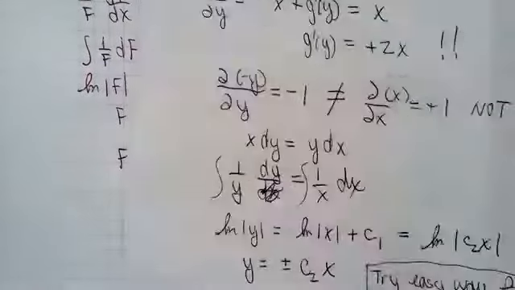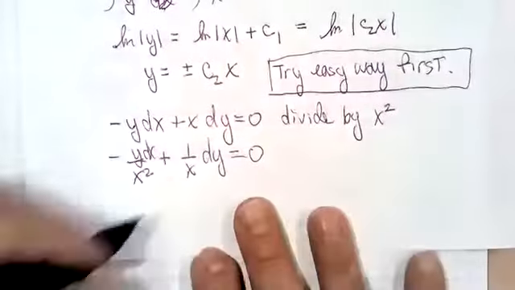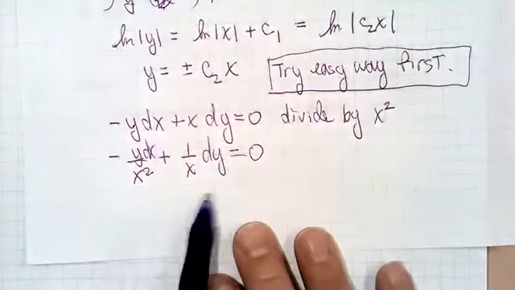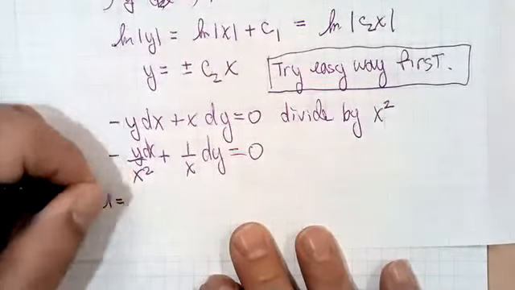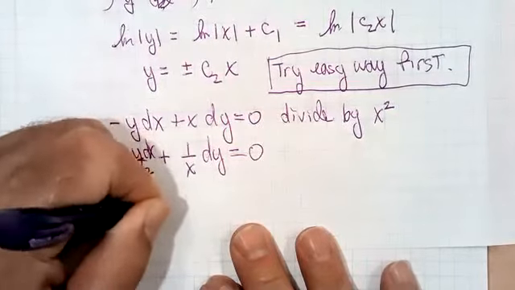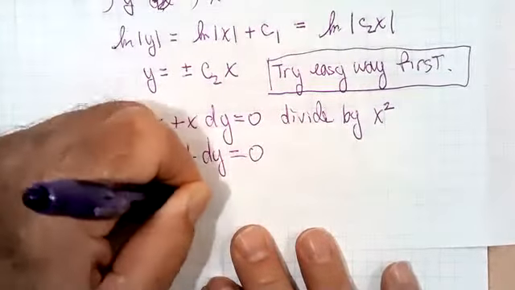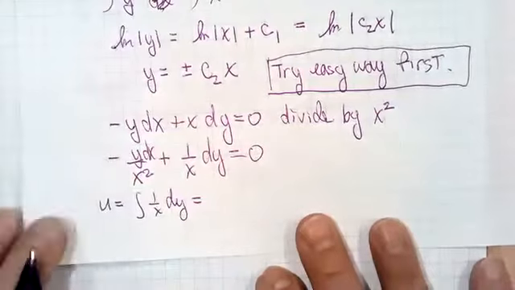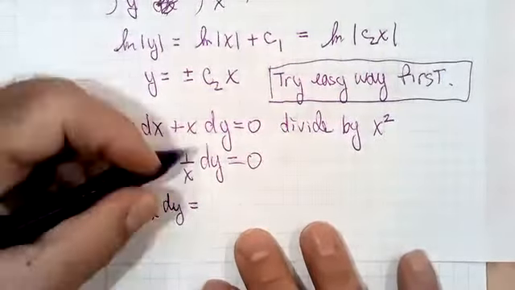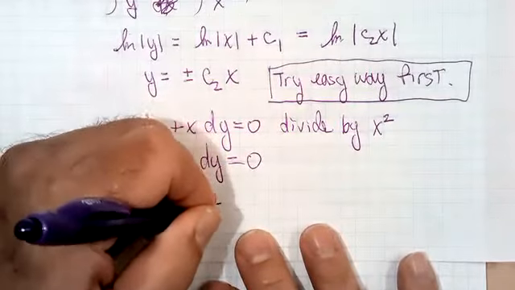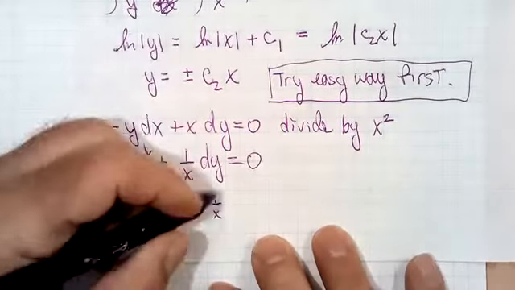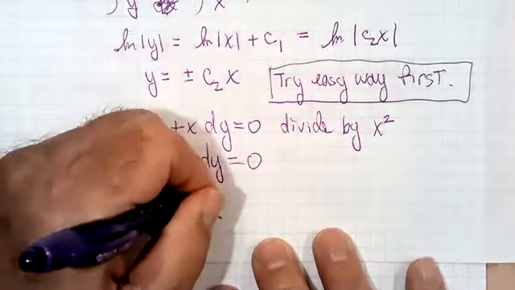I think I did check that, didn't I? Mm-hmm. So if we wanted to solve this equation, I would probably work with this one. That's a little bit nicer. u is equal to the antiderivative of 1 over x dy. So 1 over x is constant with respect to y, and this gives us a factor of y.